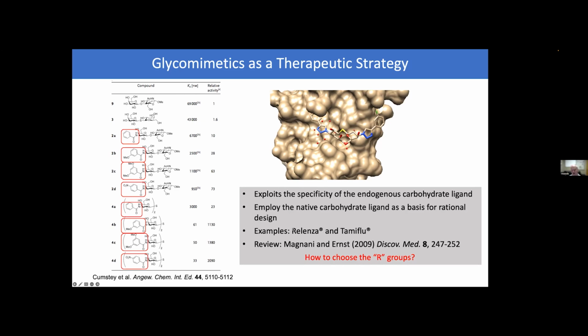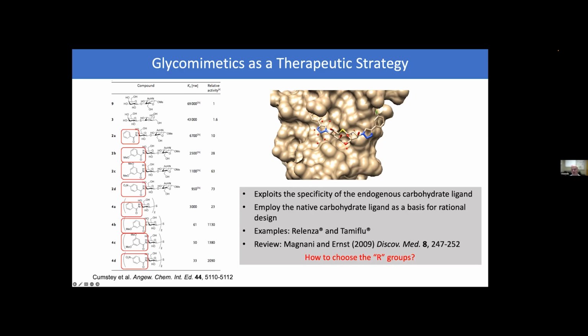Examples that exist as drugs, most people have heard of Relenza or Tamiflu for treating influenza. And back in 2009, John Magnani and Beat Ernst put together a very nice review. The problem, like all med chem problems, is really how do you choose these R groups?